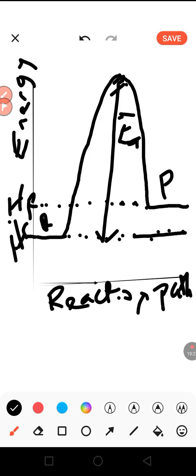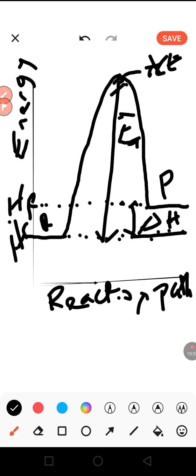And between the line of product and the line of reactant, we have our delta H, which is the enthalpy change. And this peak, like I said, is the activation complex. So this is how we represent an endothermic reaction on an energy profile diagram.